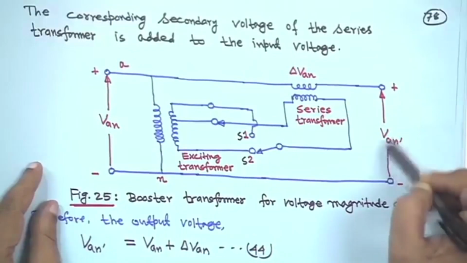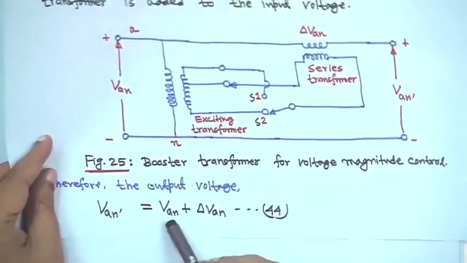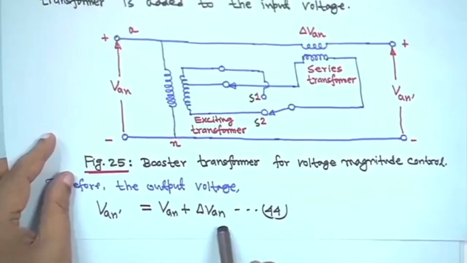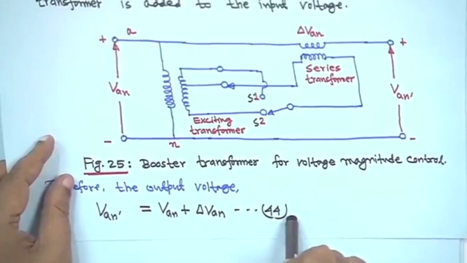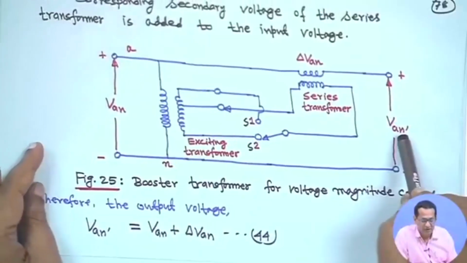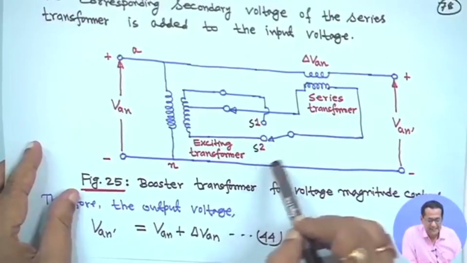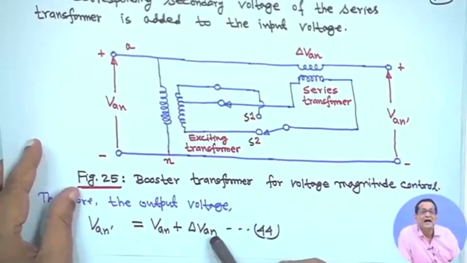Therefore, this VAN dash, this side voltage, will be VAN plus delta VAN, right. This is equation 44 I have marked. So, this is the output voltage. If the connection is like this, then this voltage will be added.